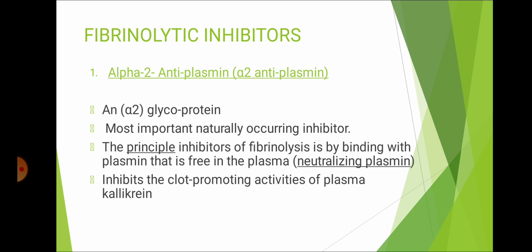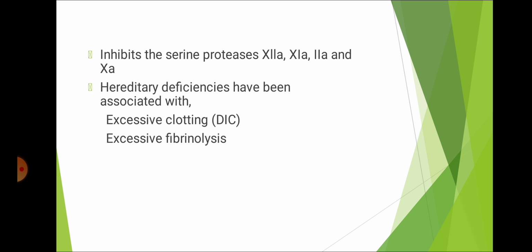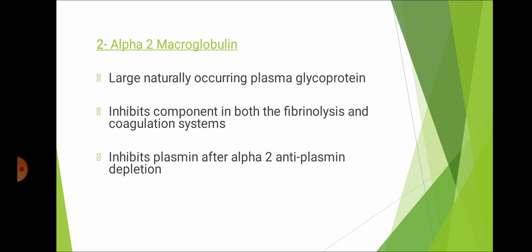It inhibits the clot promoting activities of plasma kallikrein. It inhibits the serine proteases 12A, 11A, 2A and 10A. Hereditary deficiency has been associated with excessive clotting, that is disseminated intravascular coagulation, and excessive fibrinolysis.